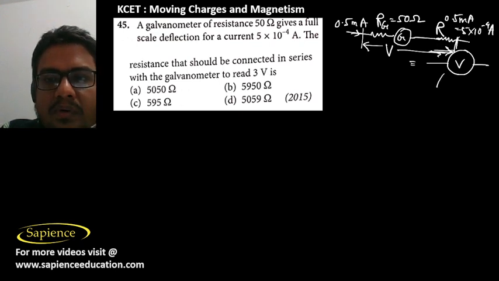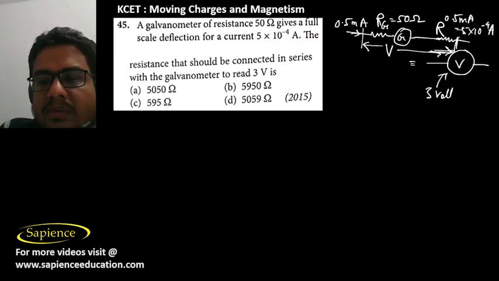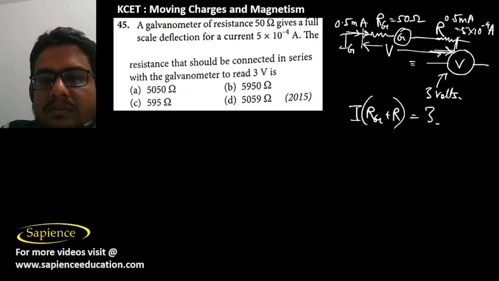So the voltmeter has to read 3 volts. So the current Ig through the galvanometer, into R equivalent, which is Rg plus R, should be equal to 3 volts.